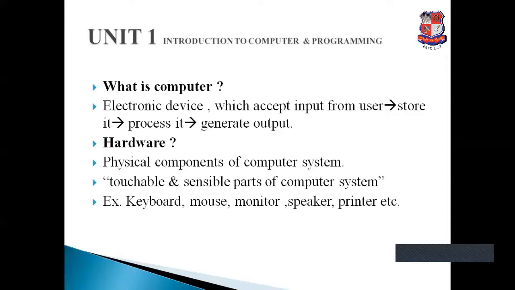Some examples are keyboard, mouse, monitor, speaker, printer, etc. So a computer is an electronic device which accepts input from the user, stores it, processes it and generates output, and the physical components of your computer system are hardware.